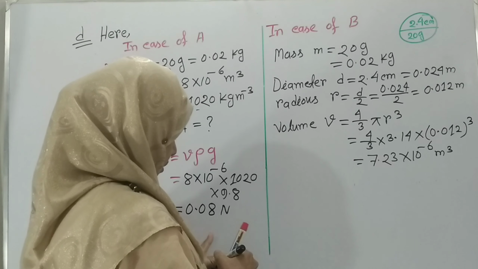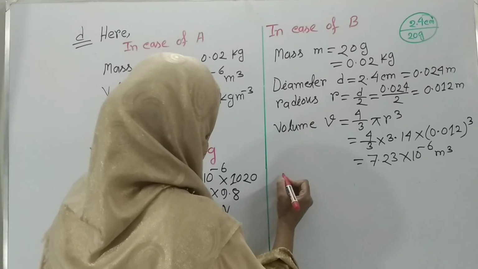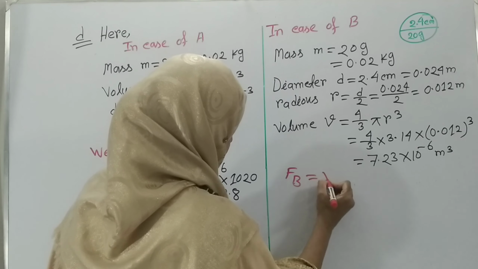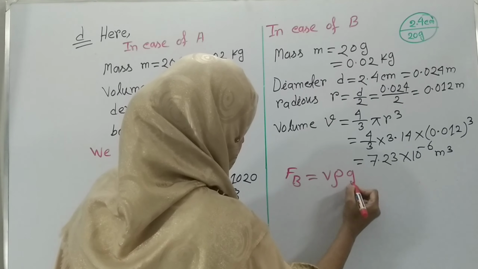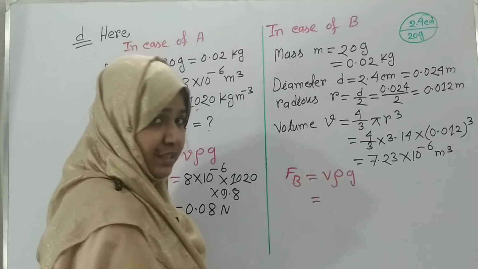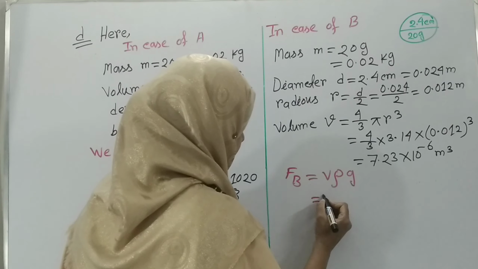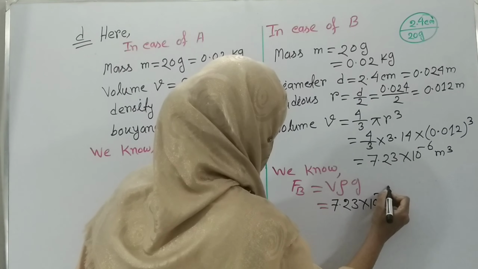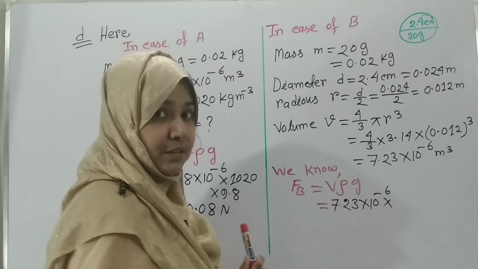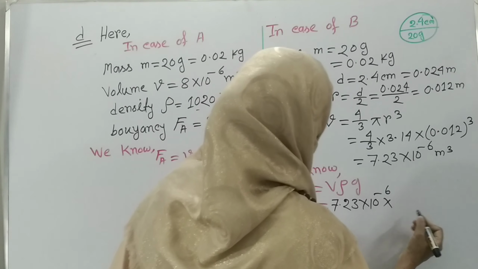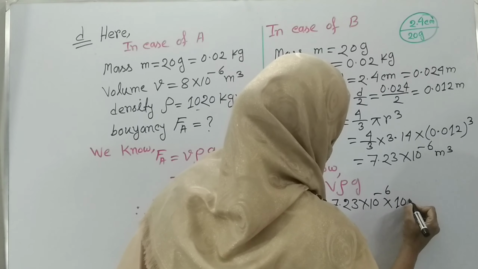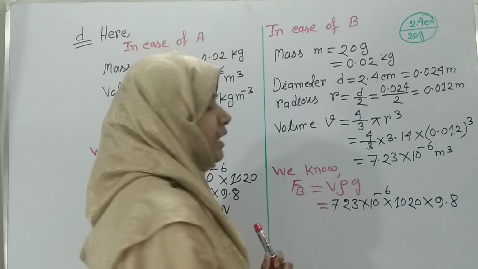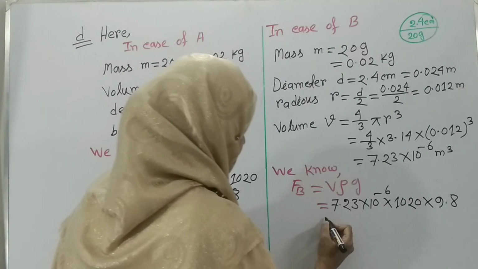So in case of object B, FB will be V rho G, that is the volume of object B, 7.23 into 10 to the power minus 6, and the density of the liquid was 1020, and the value of G is 9.8 meter per second square.